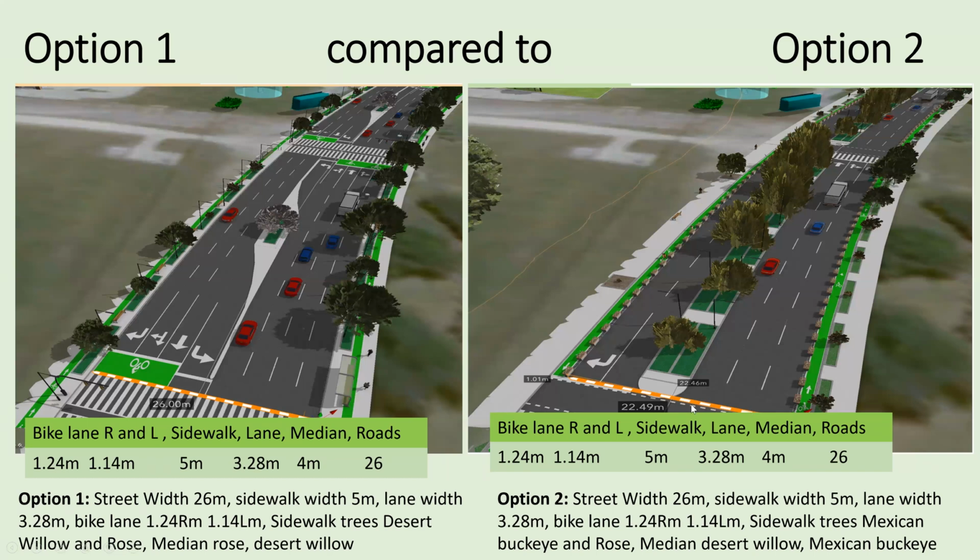Mexican buckeye is in the median here with the desert willow, and Mexican buckeye and rose are on the sidewalk. So the biggest difference between option 1 and 2 is the bike lane being on the street.